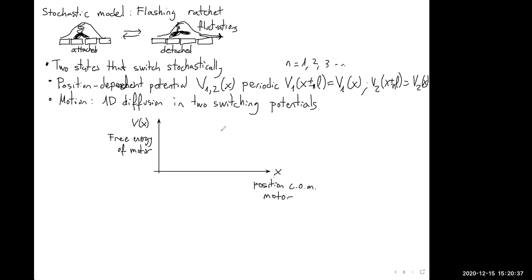We say that there are two potentials and there are switches between them. I will try to draw them the best I can. Okay, this is fine. So the potentials will look like this.